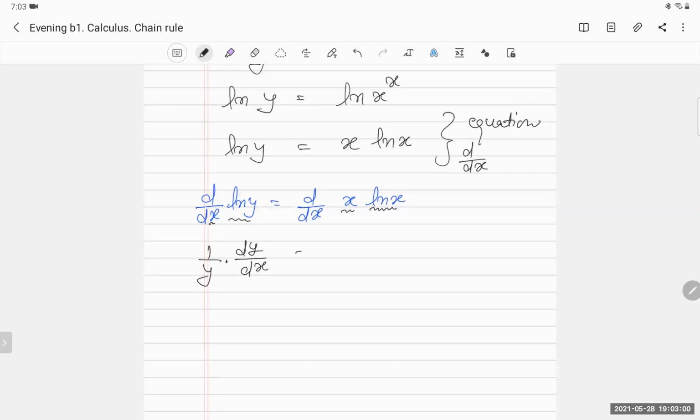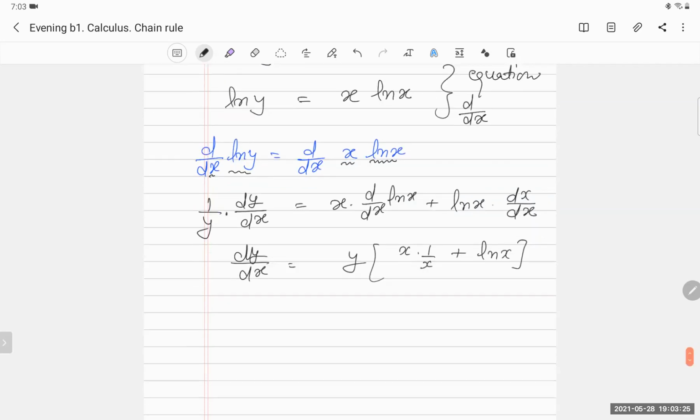Equal to, now I will use a product rule. x d by dx of ln x plus ln x dx by dx. So now dy by dx will become, see, it will become what? x into 1 by x plus ln x, and I will multiply it by y.